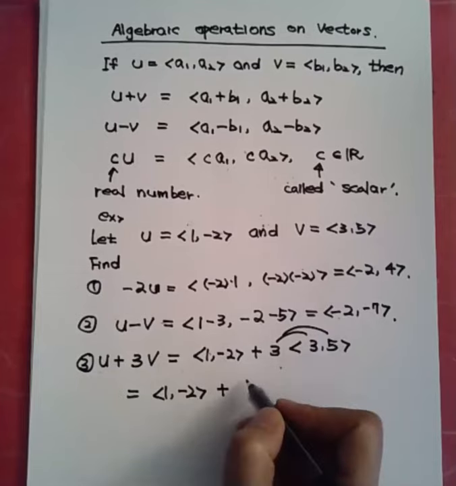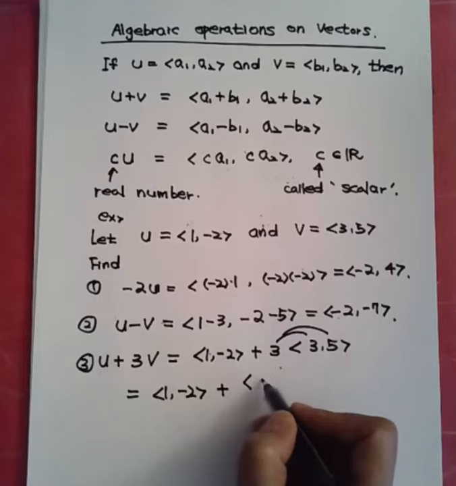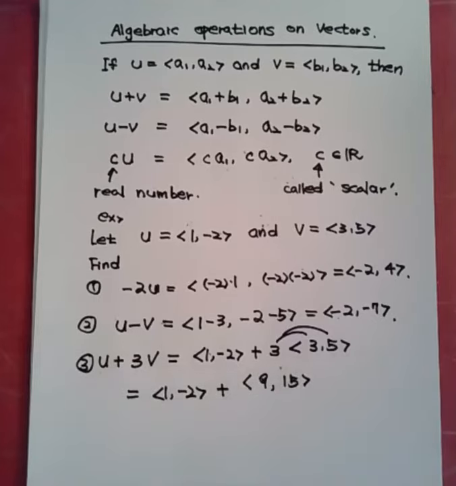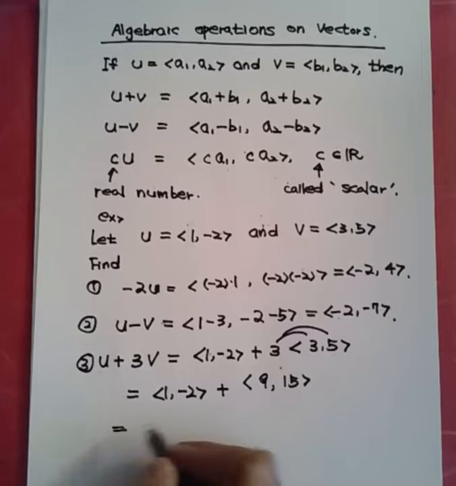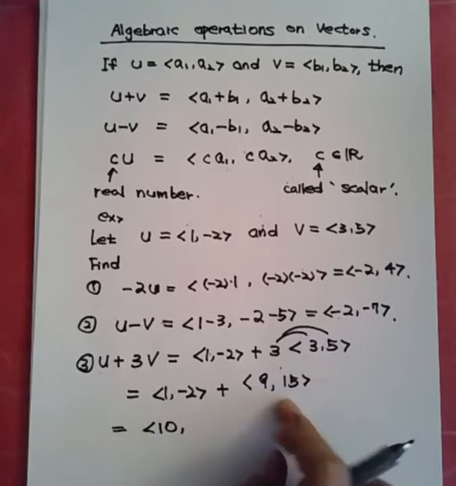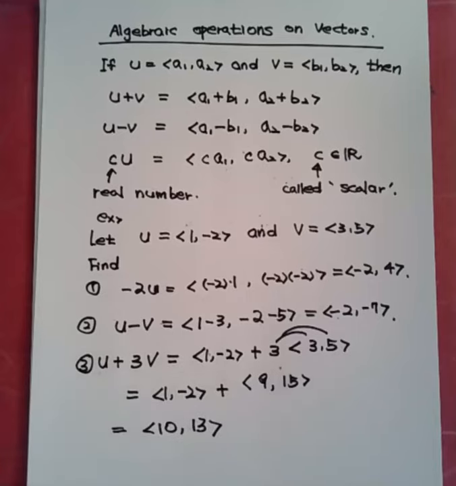We apply the scalar multiplication to each component, so that'll be ⟨9, 15⟩. Then we will add component-wise. Then 1 plus 9 is 10, and -2 plus 15 is 13. So that is the coordinate.